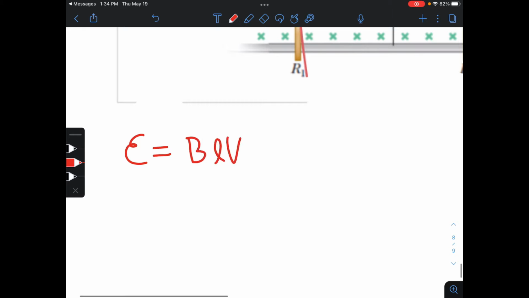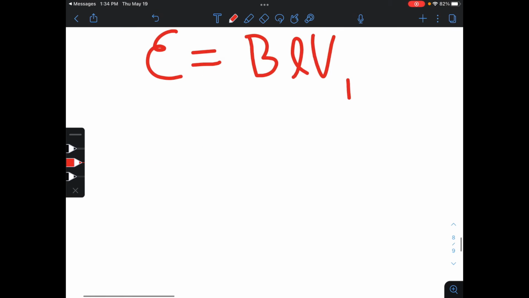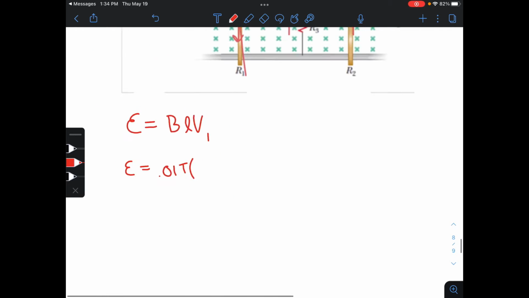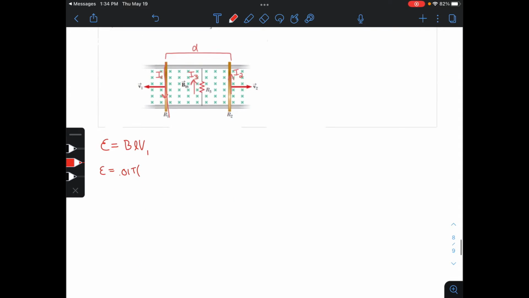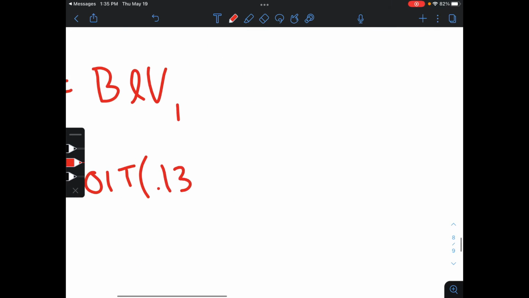And now this will give us our EMF because we have velocity, we have field, and we have our length. So E will be equal to our field, 0.01 Teslas, times our length, which was described up here as 13 centimeters, so 0.13 meters.